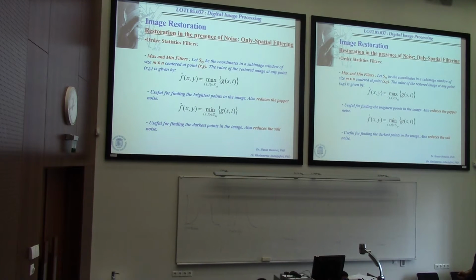It means that it's useful for finding the brightest points in the image. But when we use the min filter, we can remove the salt noise from the image and keep the darkest points in our image.